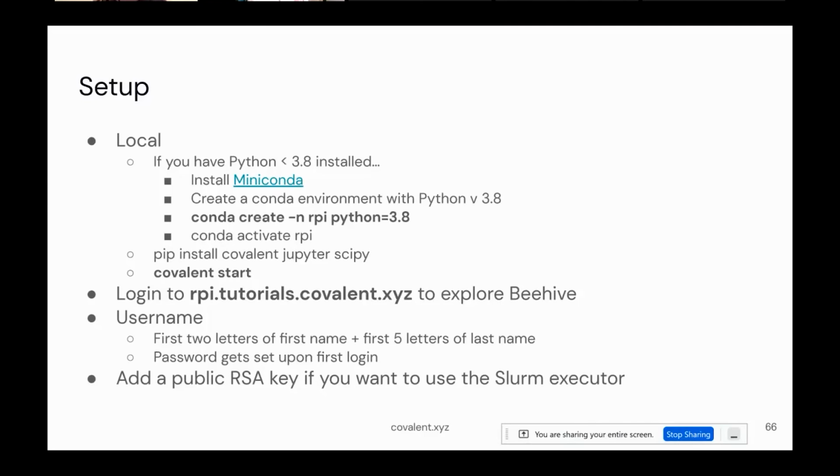If you want to log into the Beehive cluster, we have created usernames for every one of you who is attending. Your username is going to be the first 2 letters of your first name and then the last 5 letters of your last name. And then whatever password you set upon first login becomes your password on the cluster.